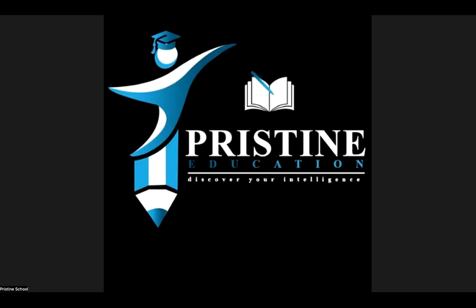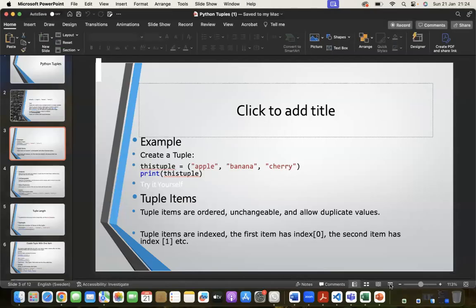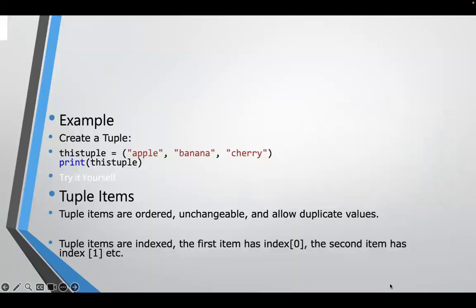So let's continue with the slide. Tuple items are ordered, they're unchangeable, and it allows you to have duplicates. Tuple would allow you to have duplicate values. Tuple items are indexed. The first is index 0, as we have in a list.